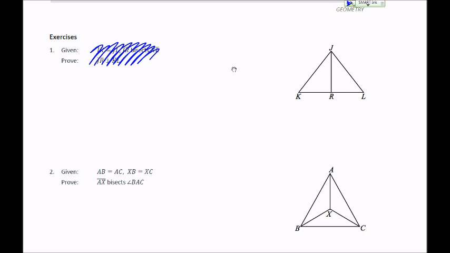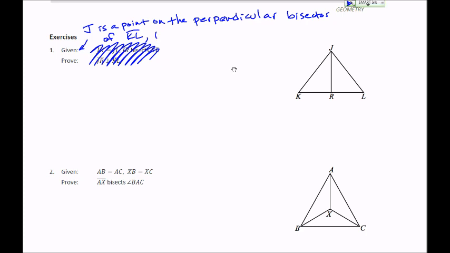So I'm going to say that I'm given that point J is a point on the perpendicular bisector of segment KL, which means that KR is equal to RL and that KL is perpendicular to JR. And our goal is to prove that JK is equal to JL.